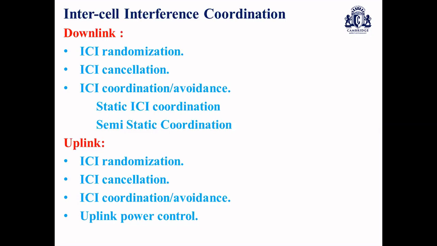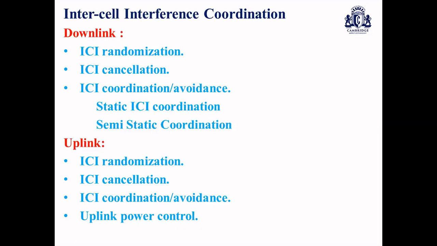When it comes to the uplink, we have ICI randomization, which is achieved by scrambling the encoded symbols prior to modulation, where UE-specific scrambling is used. ICI cancellation is more applicable in the uplink, as eNodeBs have much higher computational capabilities and more antenna elements are deployed.